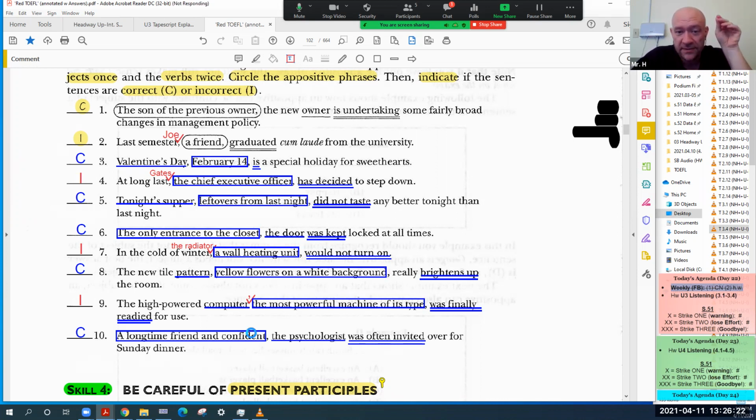So a longtime friend and confidant, this is a noun, so it is an appositive. We can switch the psychologist and the appositive because they are equal.